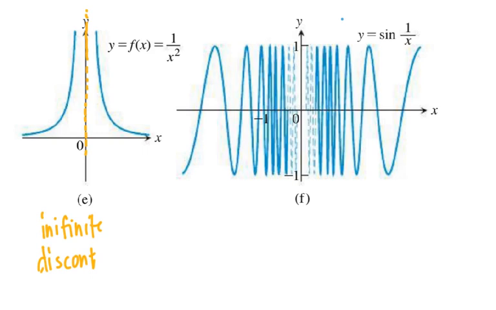And F, it is discontinuous because we have a wild oscillation. So it is an oscillating discontinuity. So I hope that visually helps you understand what a discontinuity is.